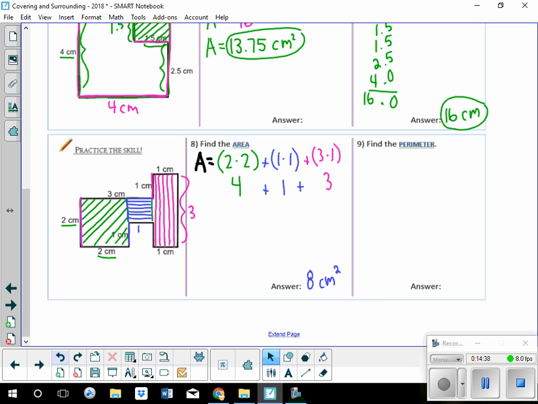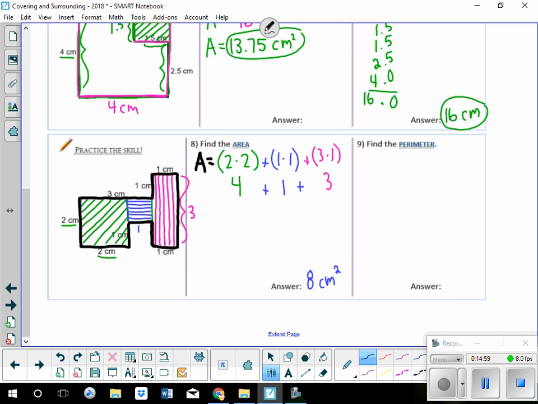I'm going to trace around this shape. I have 1, 2, 3, 4, 5, 6, 7, 8, 9, 10. Just like 10 sides. So I have to make sure that I add up all 10 of those. Even if they don't have a number, we still have to add them in.